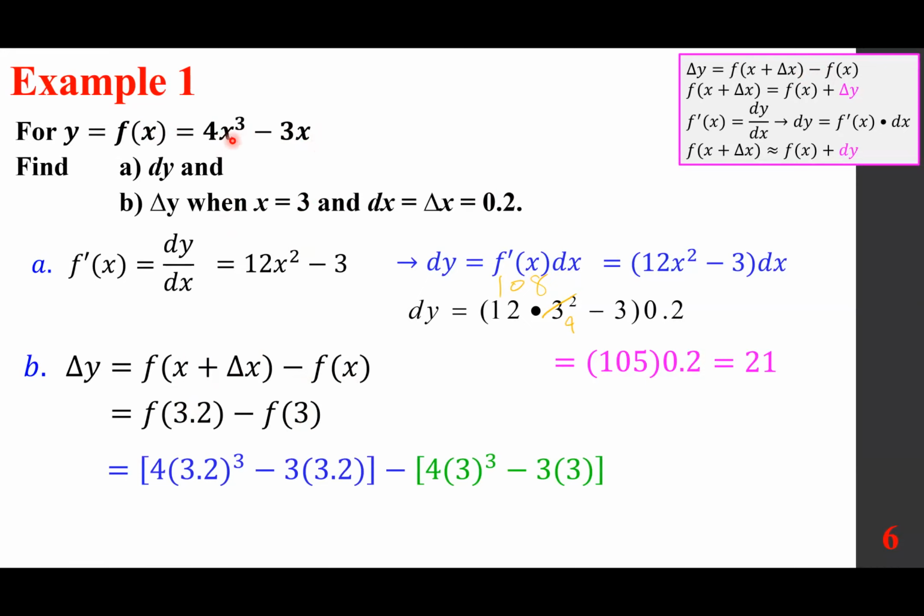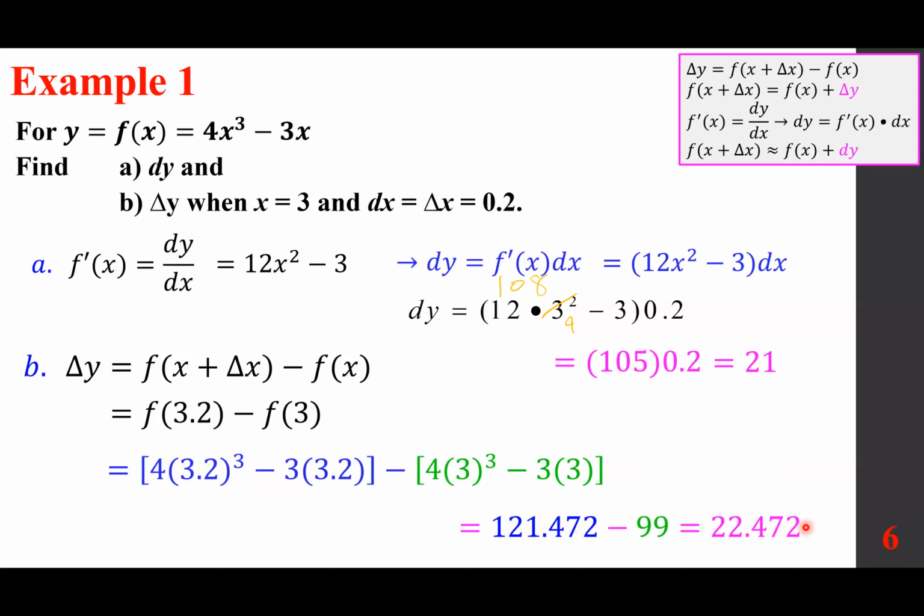You plug in 3.2, you plug in 3, and you evaluate. You can do it by hand, or you can do it with a calculator. The first brackets give us 121.472. The second one gives us 99. Subtract, and we get 22.472.